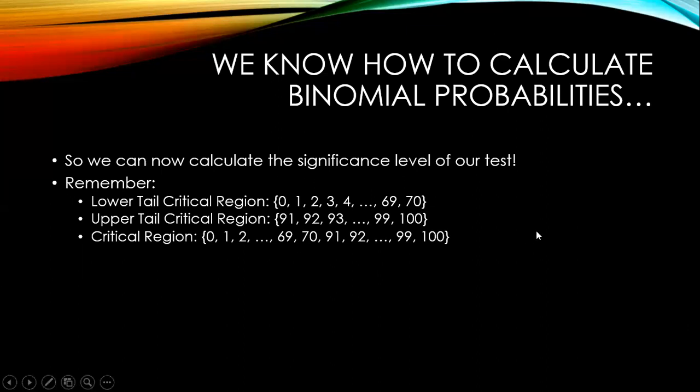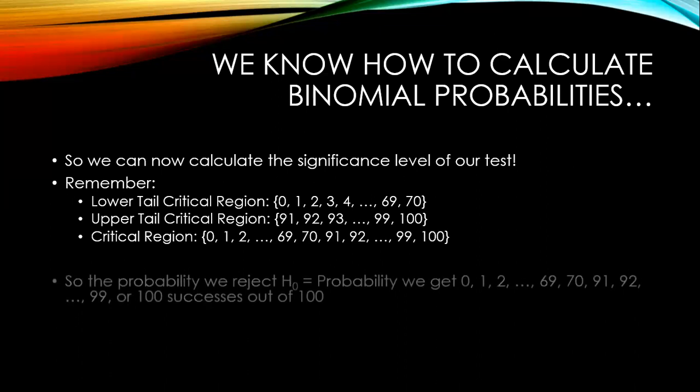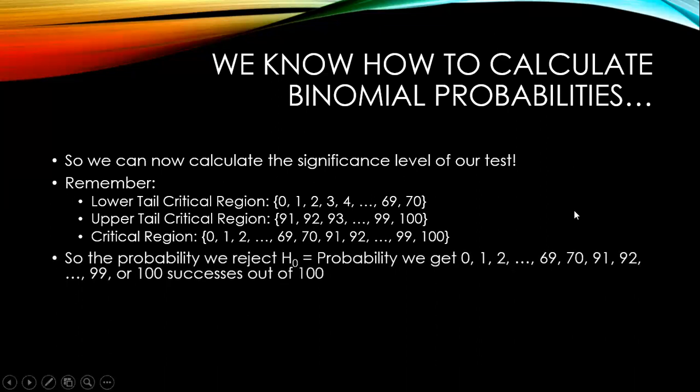So if you want to work out the significance level, the probability that you reject H0, we need to work out the probability that we get 0 successes, or 1, or 2, or 3, or 4, up to 69, 70, or 91, 92, 93, up to 99, or 100. We need to work out the probability that out of our sample of 100 people, we get any of these numbers of successes, and then add those probabilities up, because that will tell us the probability that we reject H0.